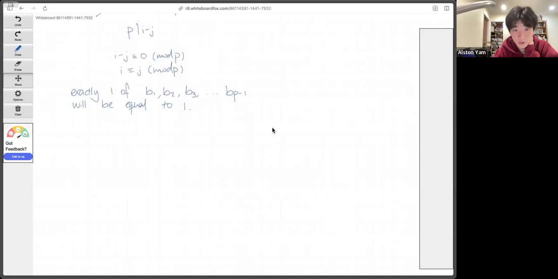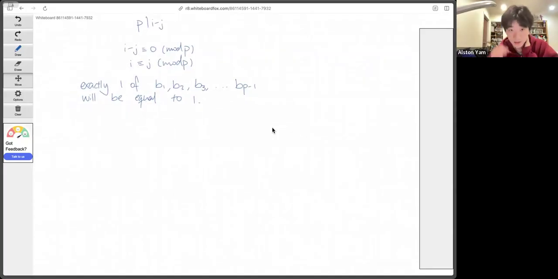Okay, that's pretty cool. So let's pick out the number that when we multiply it by A gives a value of 1, right? So we can pick out, say, I. Let's call Bi equals 1, and that is the only number out of the B sequence that is equal to 1. So we can take IA is congruent to Bi, and that will be congruent to 1 mod P.